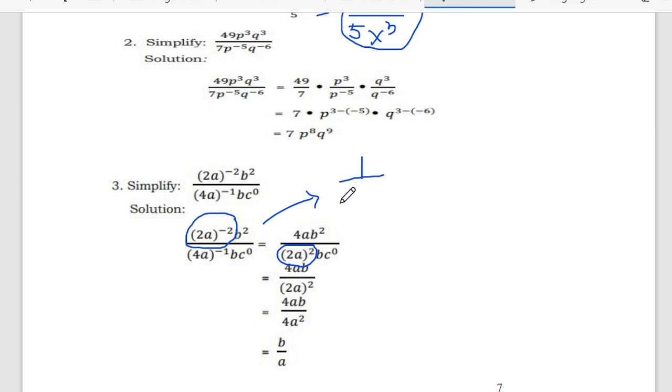1 over 2A raised to positive 2. Ang B sa taas. Ganon. Okay. So, since this one also is negative, so over 1 over 4A.